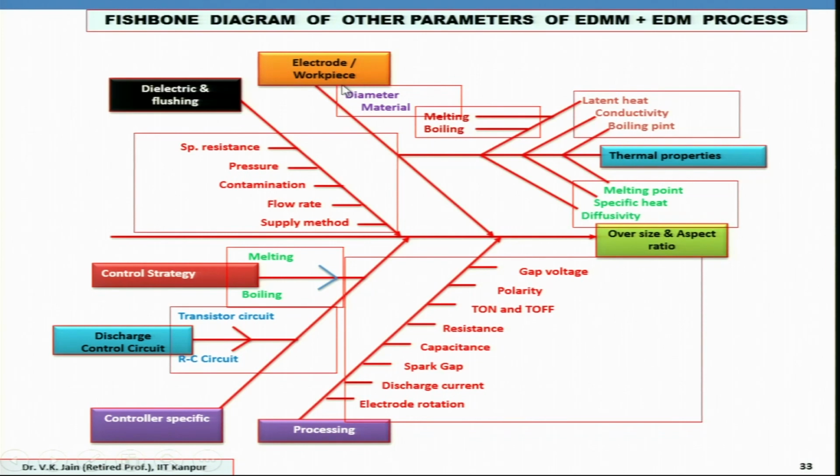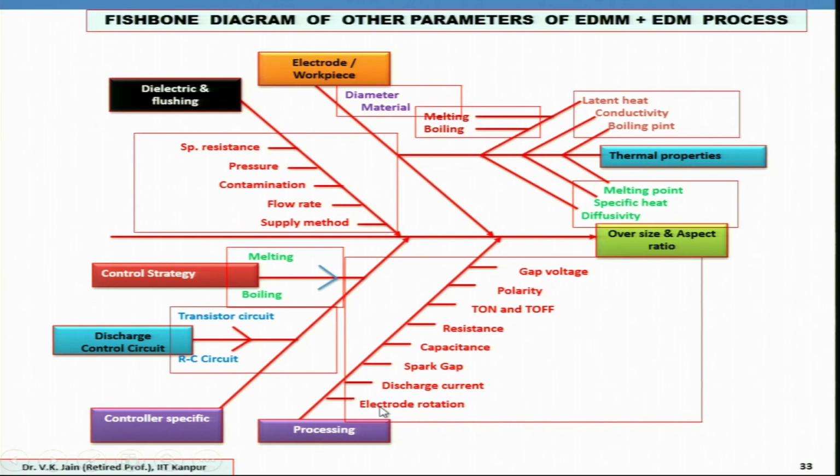Workpiece or electrode: diameter, material, and then what is the melting point, the boiling point, the latent heat, the conductivity. That is, thermal properties are very important for the tool material as well as the workpiece material. Both are very important. And then you have the control strategy, melting and boiling, discharge control circuit. You can have a transistor circuit, you can have an RC circuit depending upon your requirement.